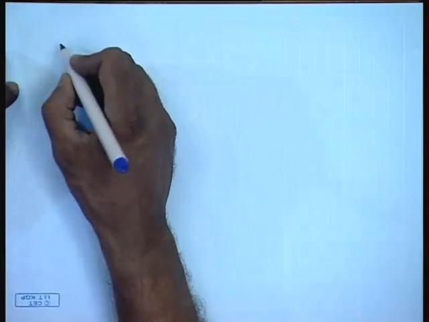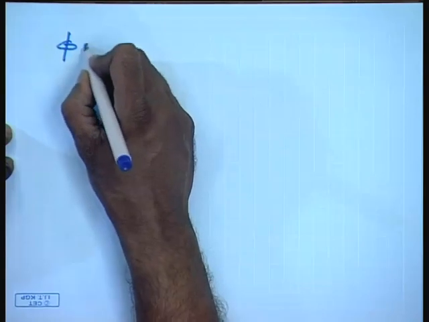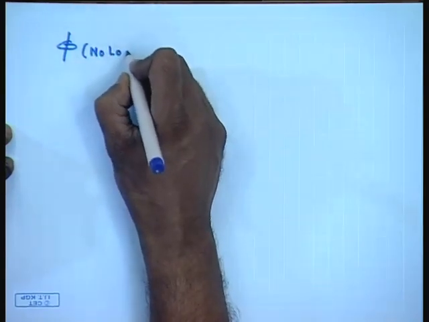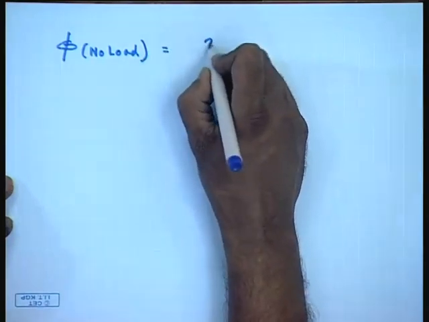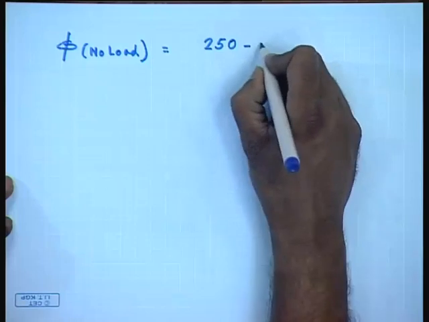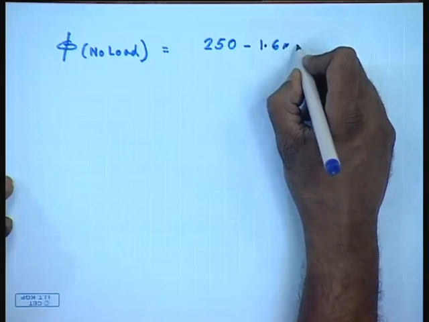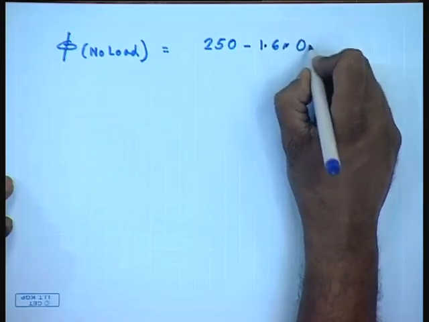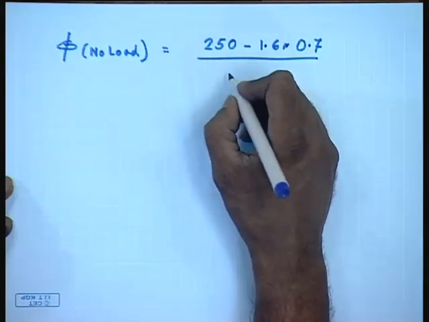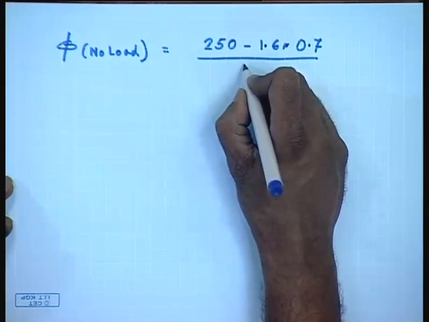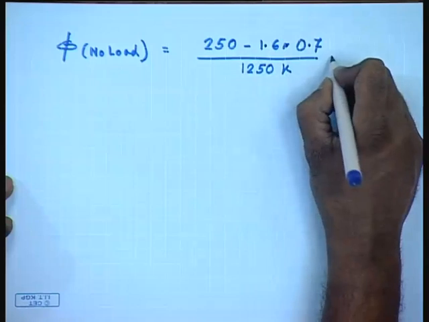So, phi at no load was, at no load V was equal to 250 volts, Ia was 1.6 amperes into Ra was 0.7 and the speed was 1250 rpm.